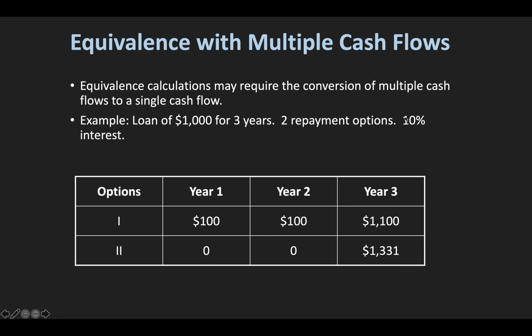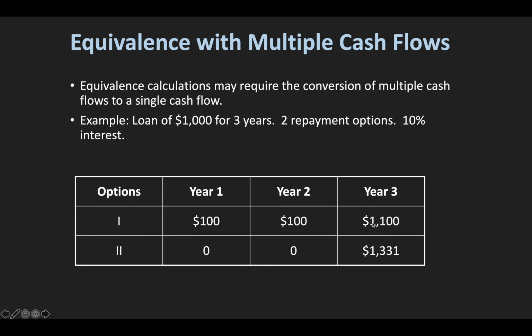There are two repayment options, and the interest rate is 10%. With all this information, we want to understand which one is better. How do we use equivalent calculations to convert multiple cash flows to a single cash flow? Then we can basically compare, right?